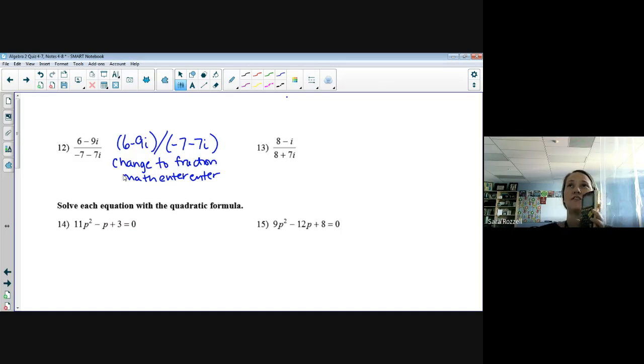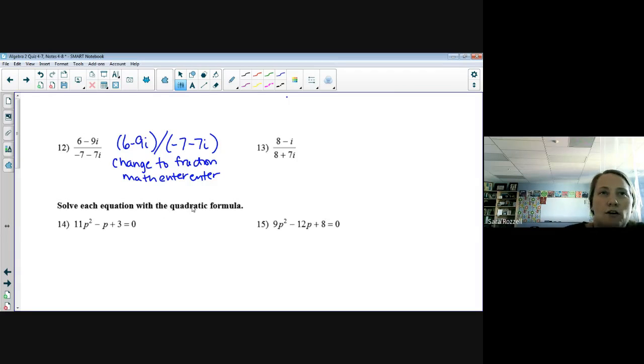So once you get that crazy decimal, did everybody get a crazy weird decimal with an i at the end when you typed that in? Hit math, enter, and it'll make it a fraction for you. So math, enter. Math is underneath alpha. So we hit math, enter.